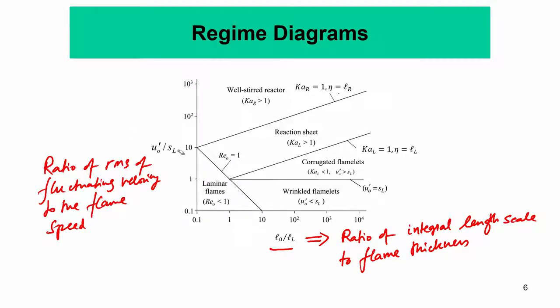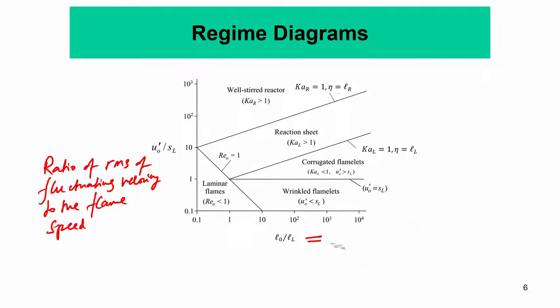So, this is u prime by SL, that is the ratio, and this is the other ratio. So, then we can construct this regime diagram. Now, we will discuss the different regimes.